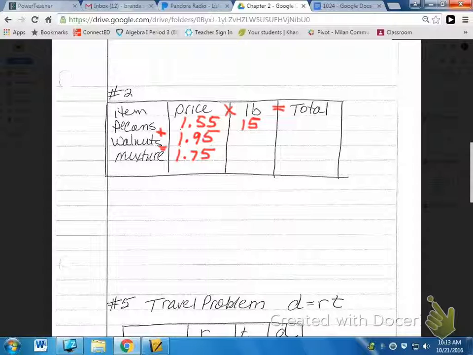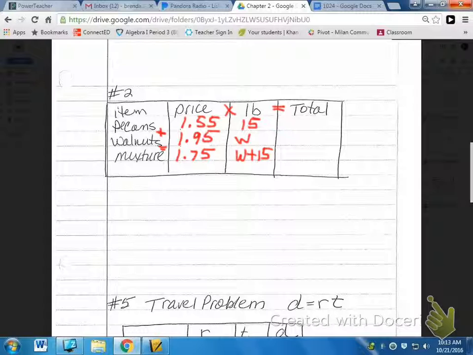We don't know, right? So let's go W. Then, similar to before, how many pounds will be in the mixture? W plus 15. We good with that?